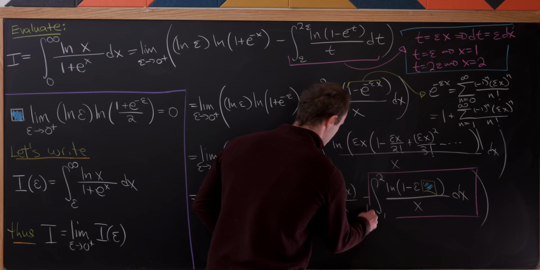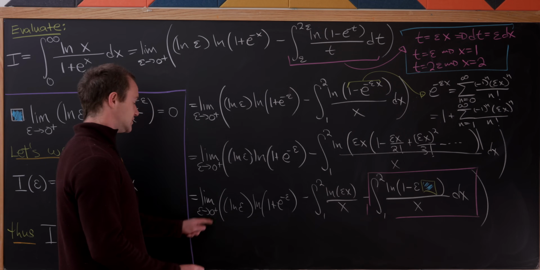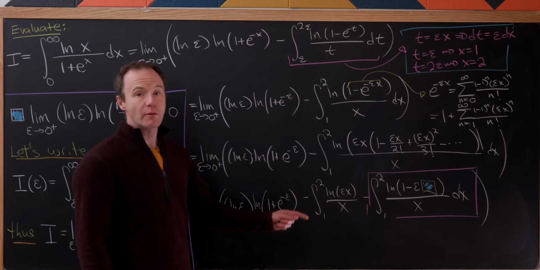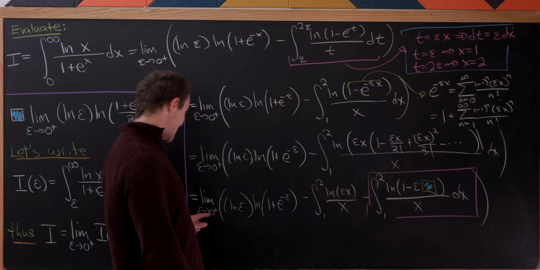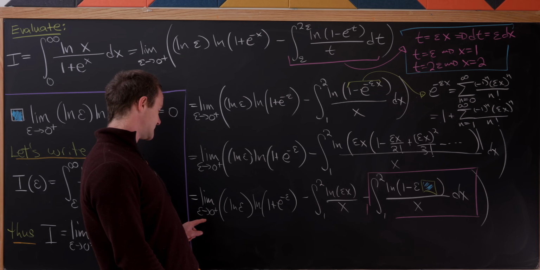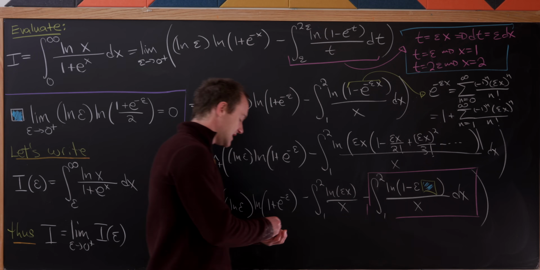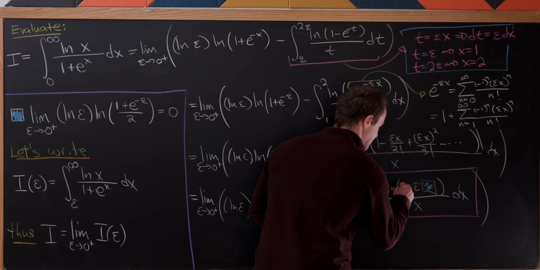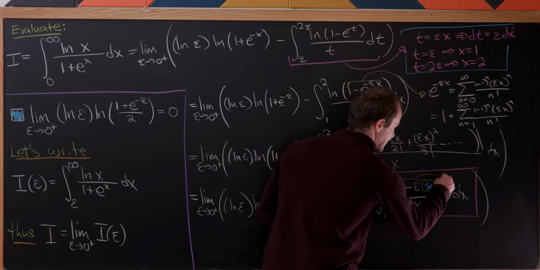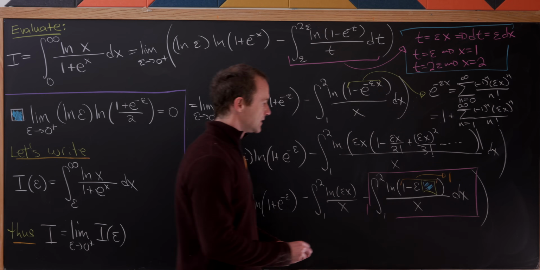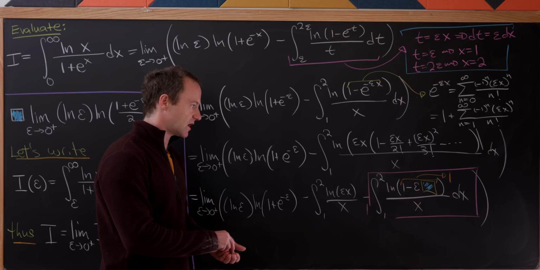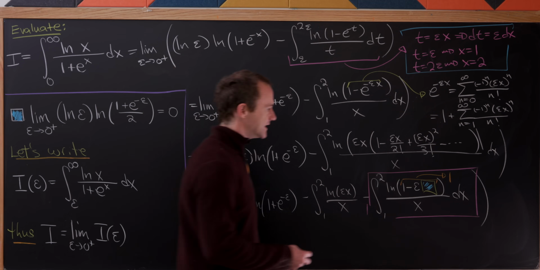And so this is, of course, taking epsilon to 0 from above. Well, we can do some quick bounding and see that it's actually possible to bring this epsilon limit inside of the integral, which means this stuff right here is trending off towards 1. But if that stuff right there is trending off towards 1, the natural log of 1 is 0.